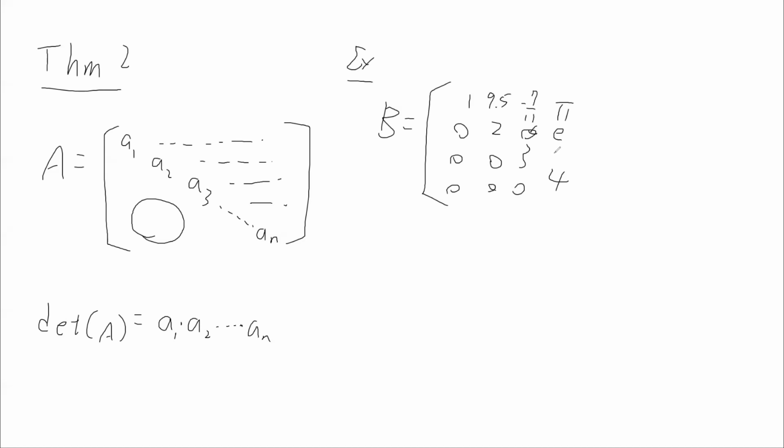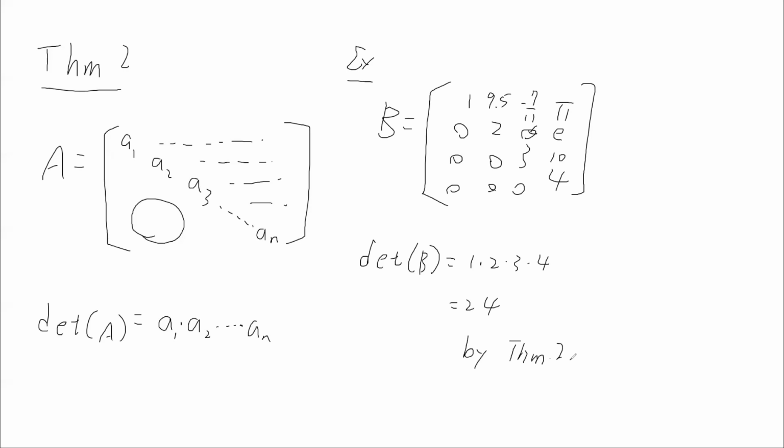And 10. Okay, then the determinant of B is just 1 times 2 times 3 times 4, which is 24, right? By theorem 2. Okay. So theorem 2 is a really nice theorem.